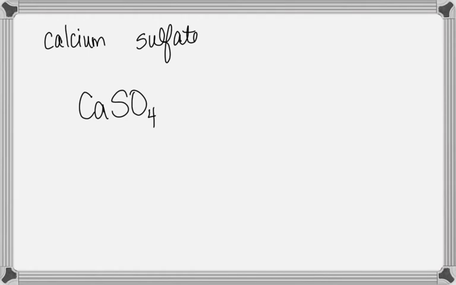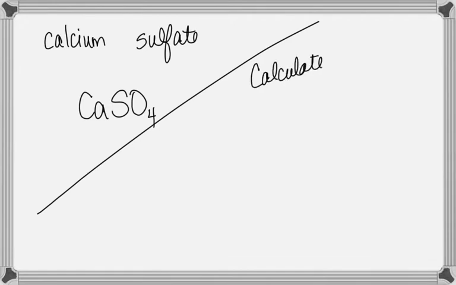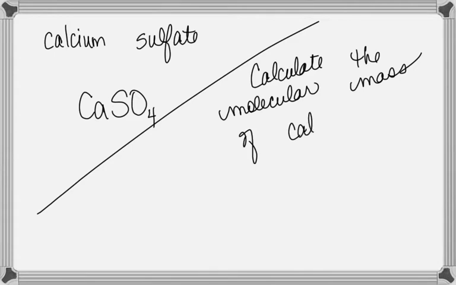So on test 2, I might say, calculate the molecular mass of calcium sulfate. And in order to work that problem, y'all are going to have to know, okay, calcium sulfate is CaSO4.